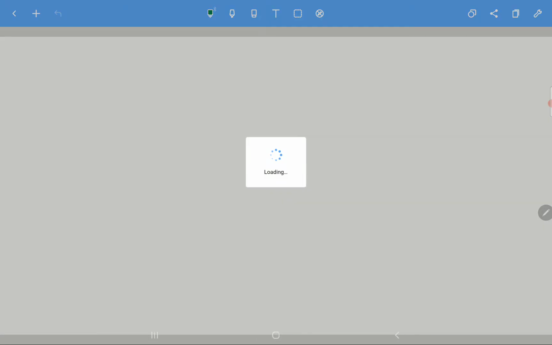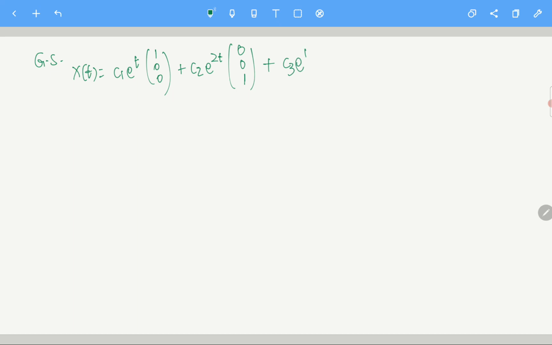Let me write it down, and then we are going to finish this thing. So the general solution x(t) is c1 e power t times 1 0 0 plus c2 e power 2t times 0 0 1 plus c3 e power t times t 1 0. Clear?